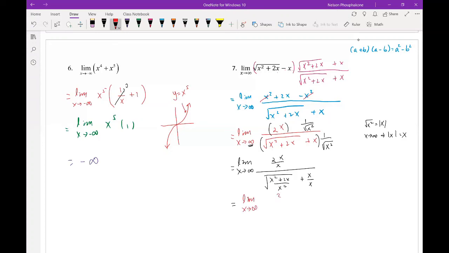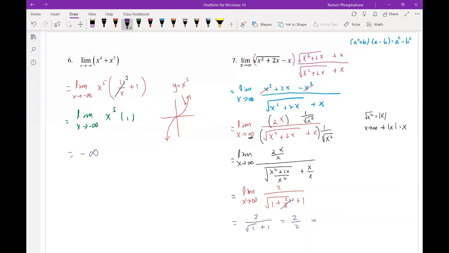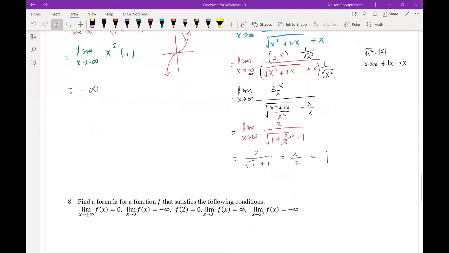So I will have 2 all over the square root of 1 plus 2 over x, plus 1. Remember, this goes to 0. So I have 2 over the square root of 1 plus 1, so it is 2 over 2. So my answer is equal to 1.